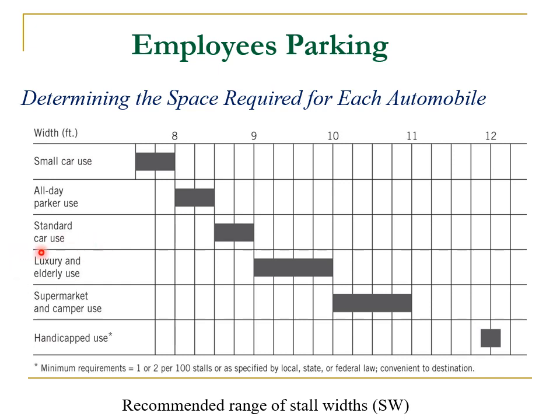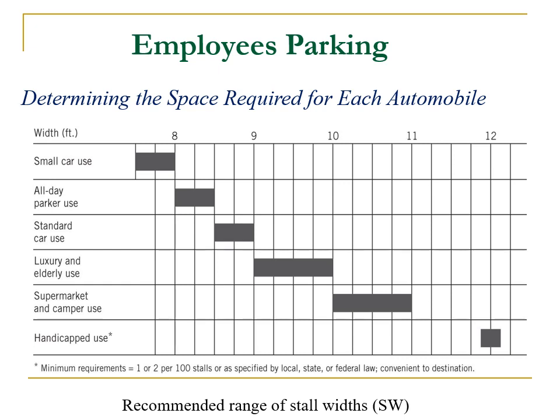For luxury and elderly use, it can be from 9 to 10. So what is different in luxury and elderly use? You allocate more space, for example, for elderly people, or you are satisfying a luxury use, so that people get into their cars easily, they can open their doors up to the end and so on.